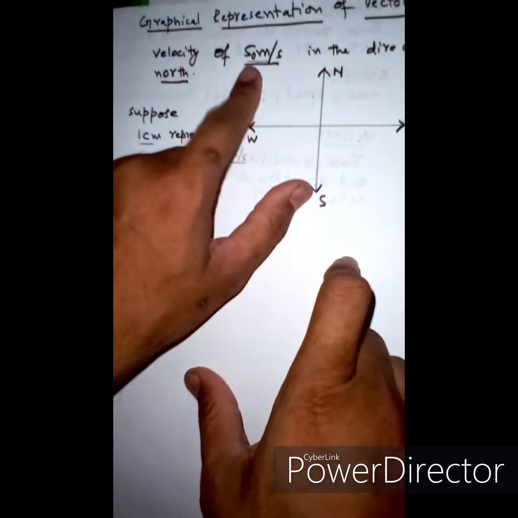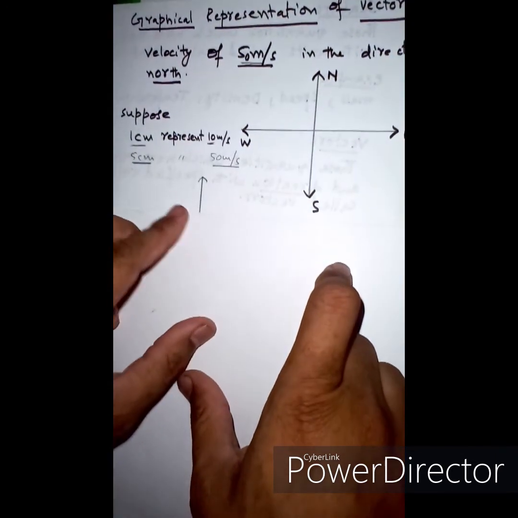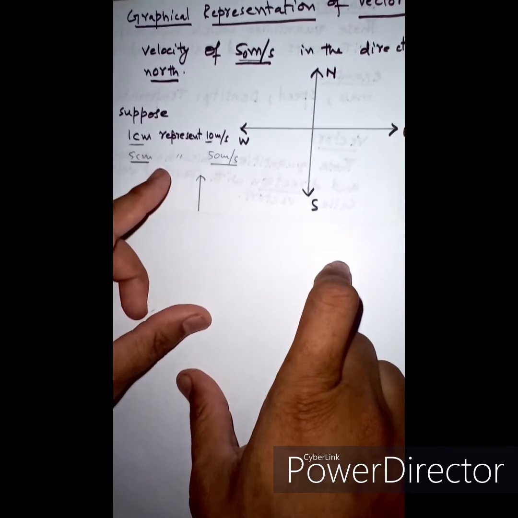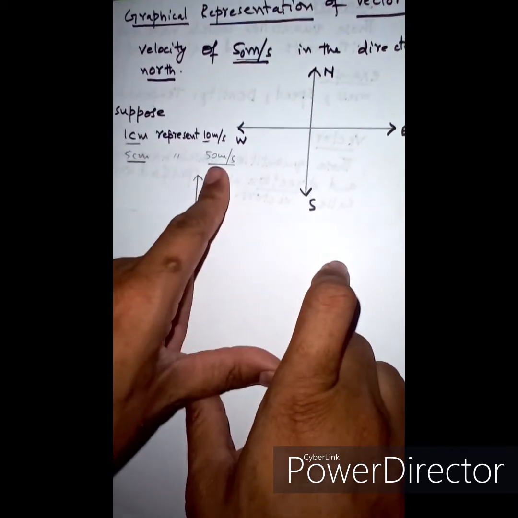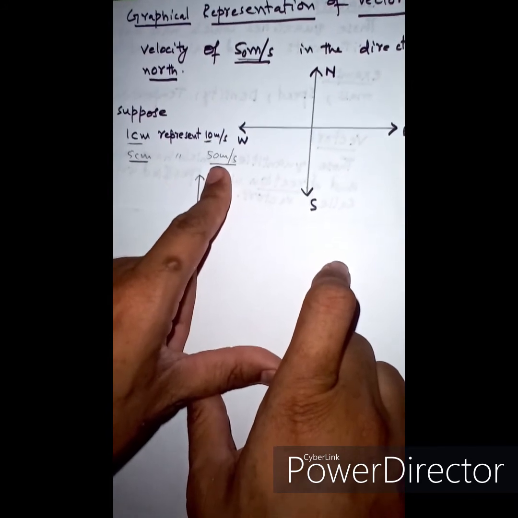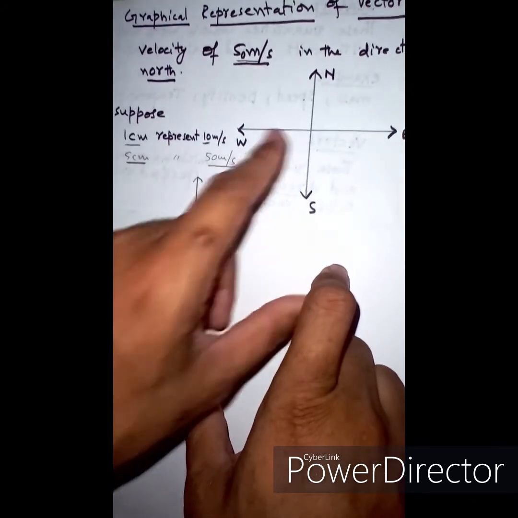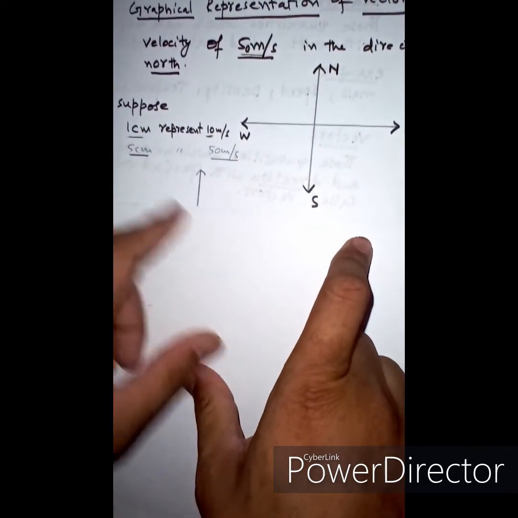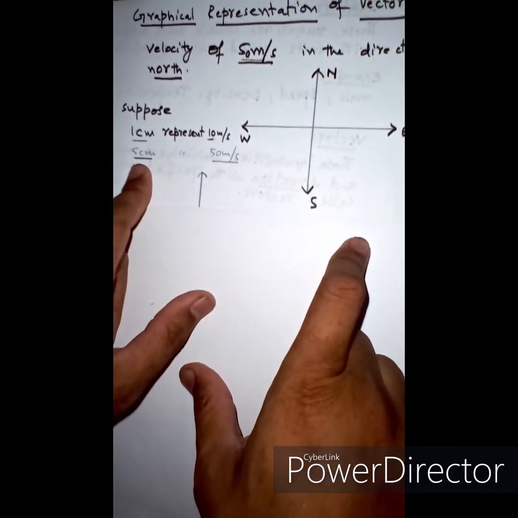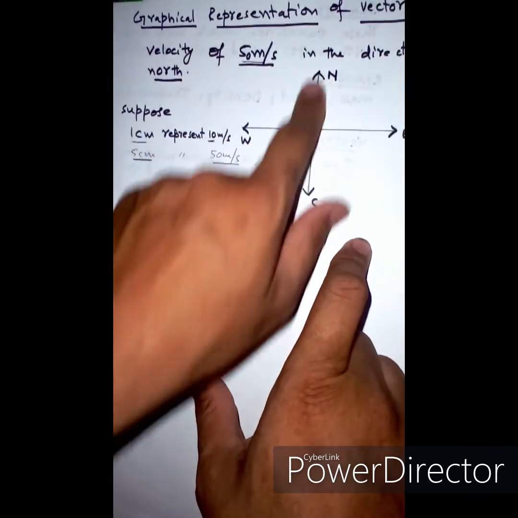We want to represent 50. How does this 50 come? If 1 centimeter represents 10 meter per second, then 5 such centimeters represent 50 meter per second. Now we have to represent it in the direction of north. North is this direction. So we choose a 5 centimeter line represented in the north direction.